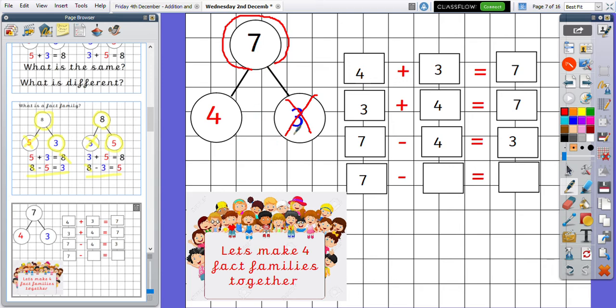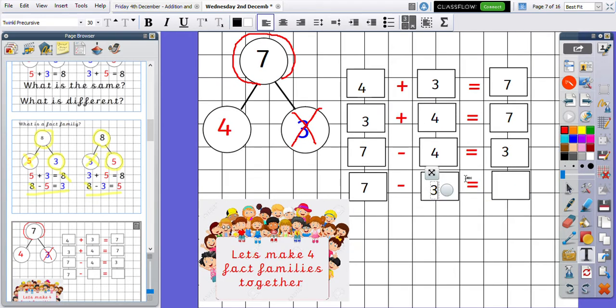So I'm going to take away 3, and I am left with 4. So I'm going to do 7, take away the 3, equals 4. Fantastic. And there you have it. My 4 number sentences using the fact families of the numbers 7, 4 and 3.